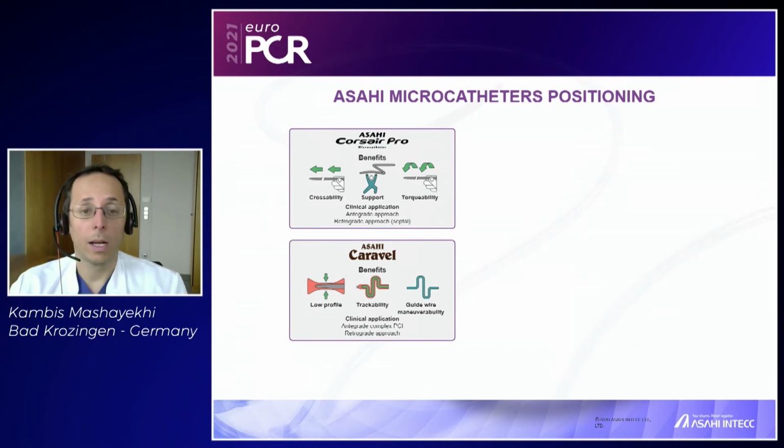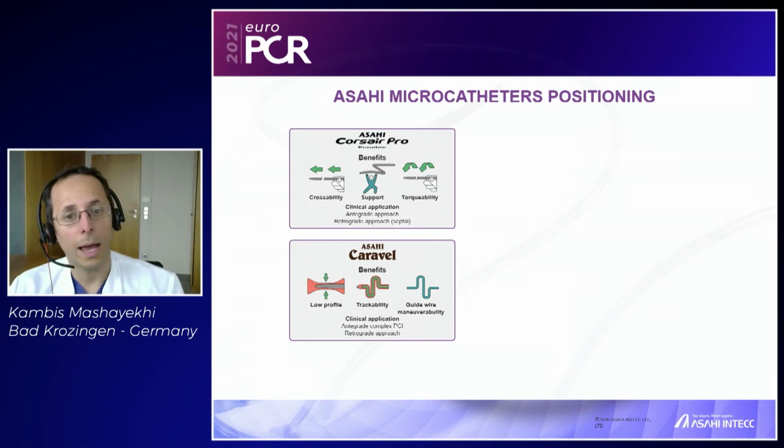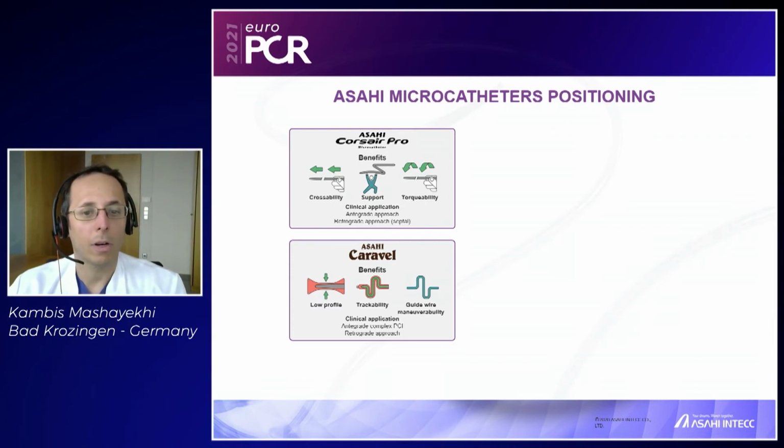So when you take everything together, you have the Corsair Pro, which has good crossability, support, and torquability, and you have the Caravelle with the benefit of low profile, trackability, and guidewire maneuverability.